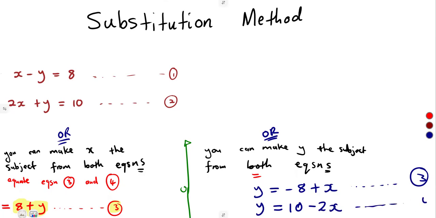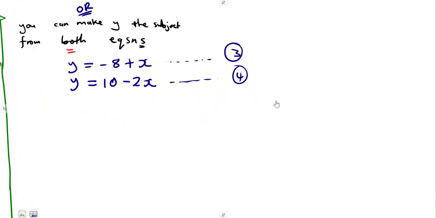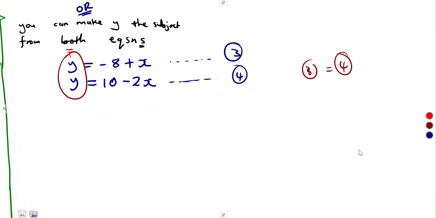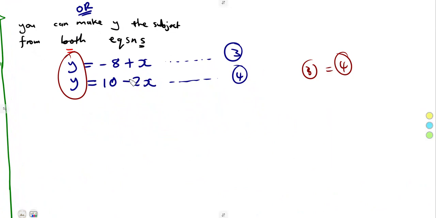We're going to call this one equation 4. So we have made y the subject from both equations, so we have equations 3 and 4. We equate just like the previous way, equation 3 to equation 4, as they represent the same y. Whatever we have on the right-hand side must be the same.